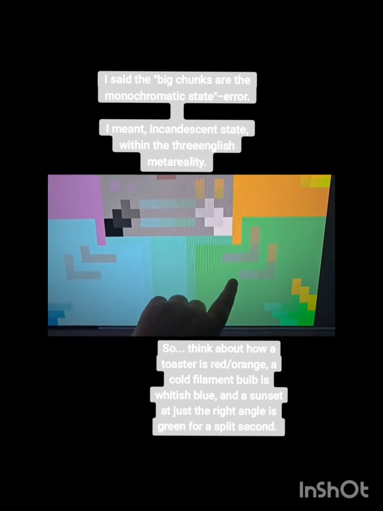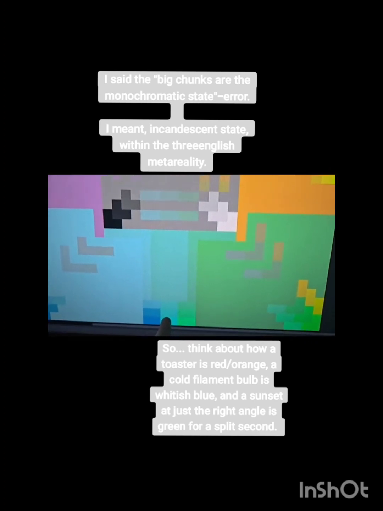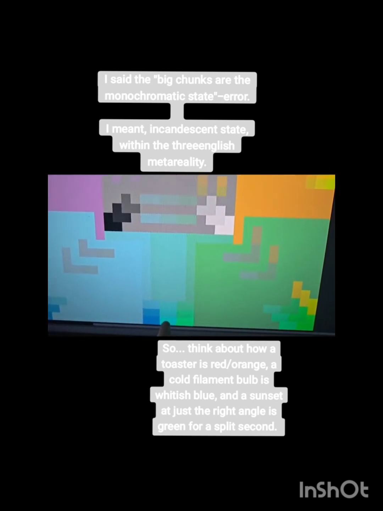So I have these spectra. So these big chunks are the spectra's monochromatic state in its platonic form. It can fade into its power form.